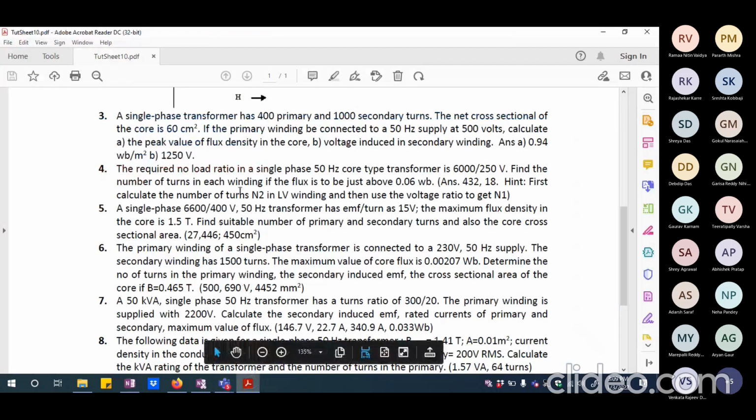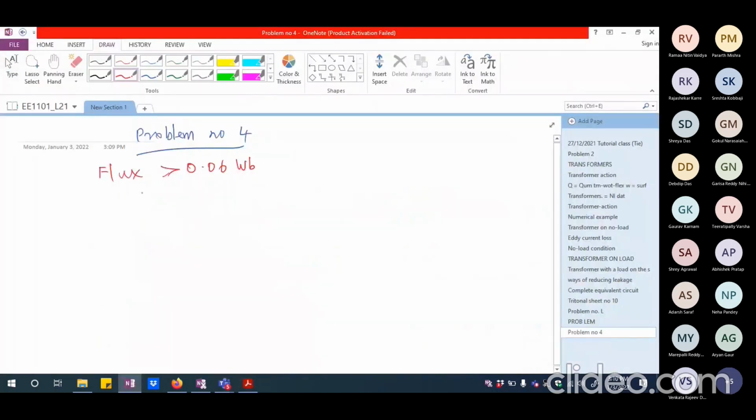First thing. Second thing is, the no load voltage ratio of the transformer is 6000 divided by 250 volts. That is actually the transformer voltage ratio. So this is going to be V1 divided by V2.